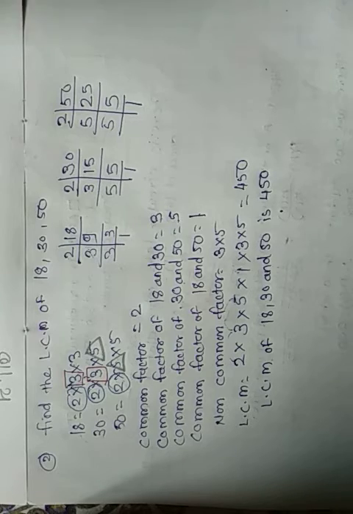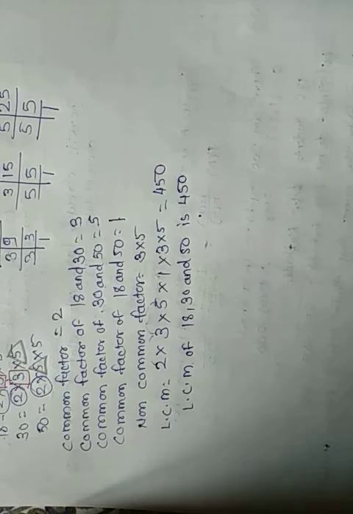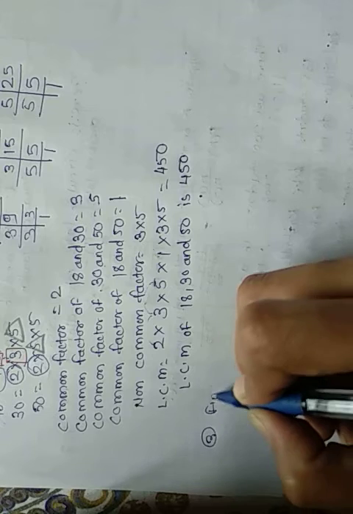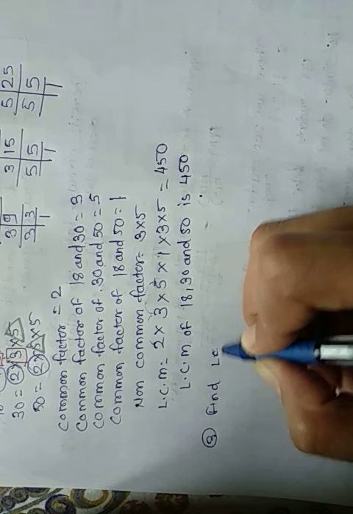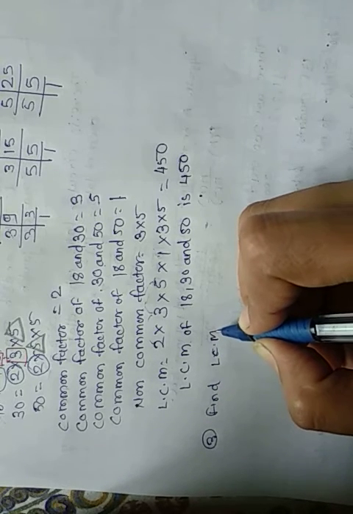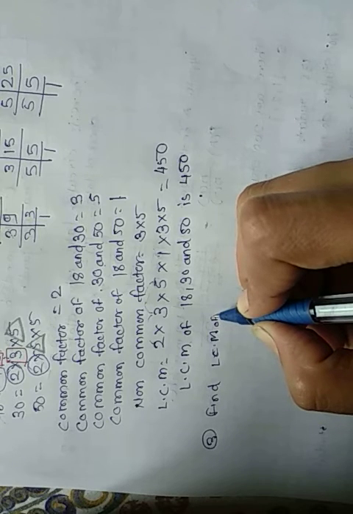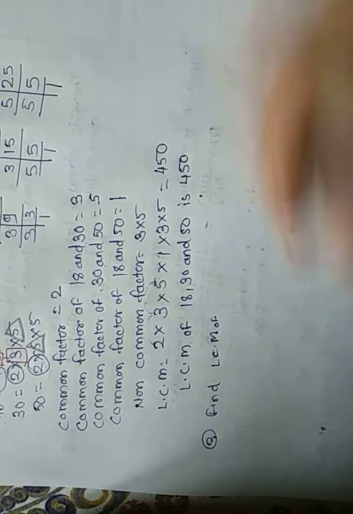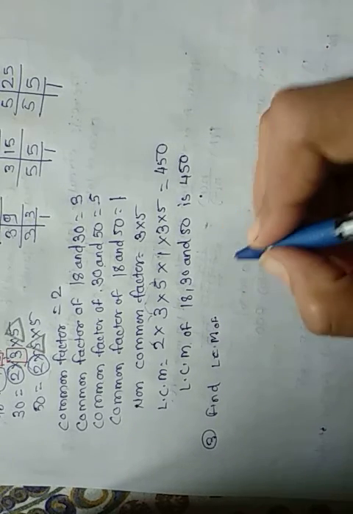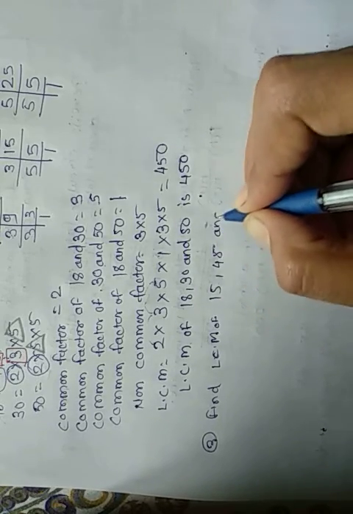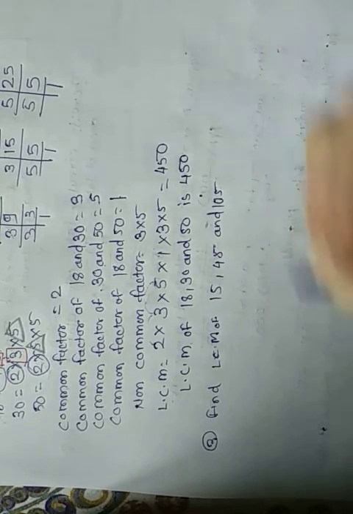Let's see one more method, by vertical arrangement. We will see the next example using vertical arrangement. Question number 3. Find the LCM of 15, 45 and 105.